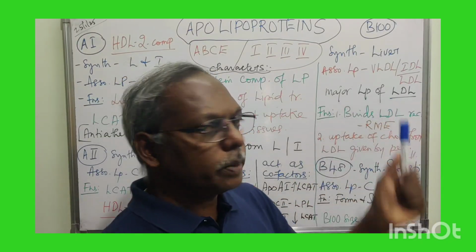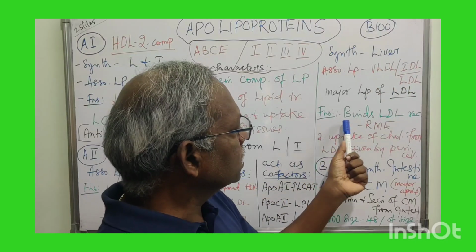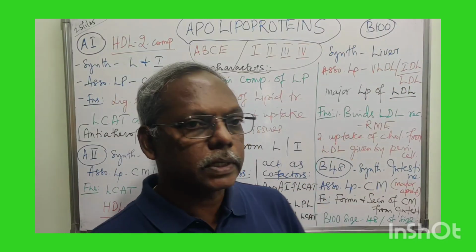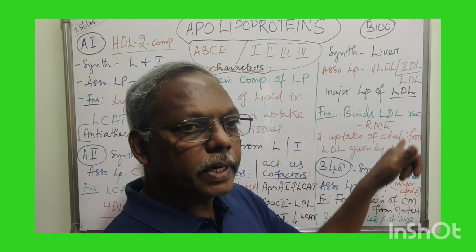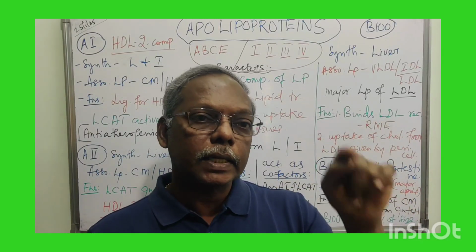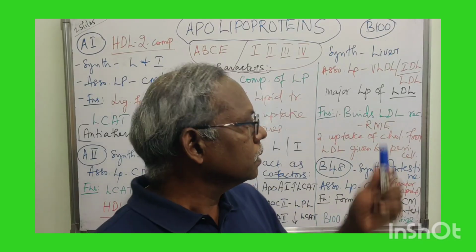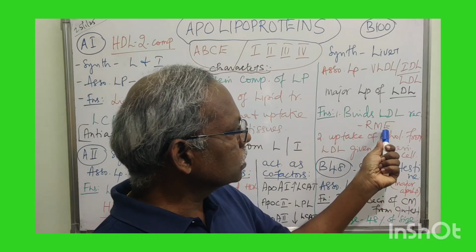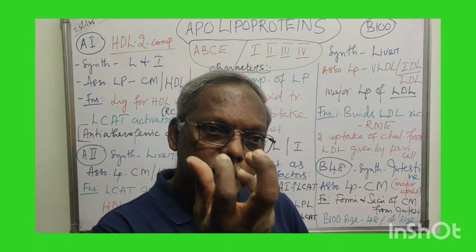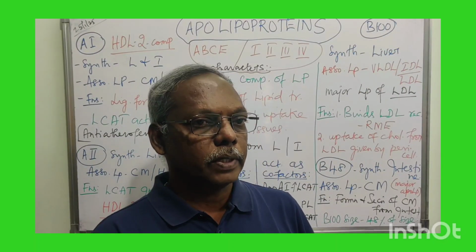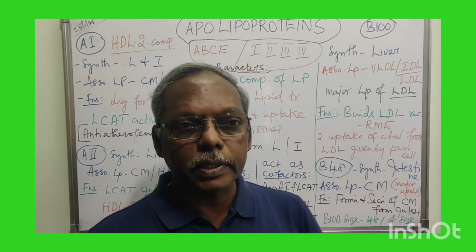So it is a major apolipoprotein of LDL. What is the function of B100? We have two functions. It binds LDL receptors. That is, receptor mediated endocytosis is the mechanism of action in the LDL receptor for LDL cholesterol. In this receptor mediated endocytosis, the apolipoprotein is B100. This receives the LDL cholesterol from the peripheral cells. That is why there is uptake of cholesterol from LDL by peripheral cells.